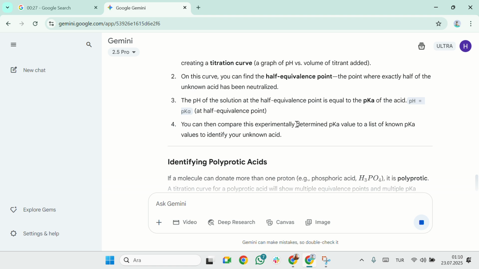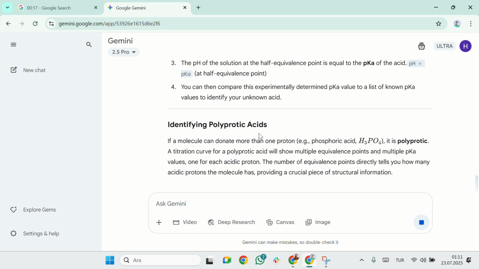The pH of the solution at the half-equivalence point is equal to the pKa of the acid. Okay, I think I understand it. You can then compare this experimentally determined pKa value to a list of known pKa values to identify your unknown acid.